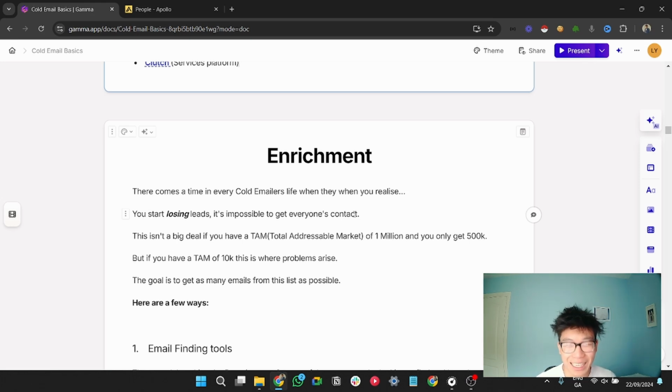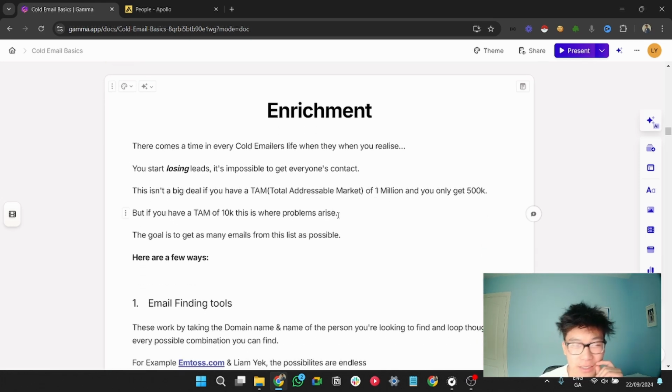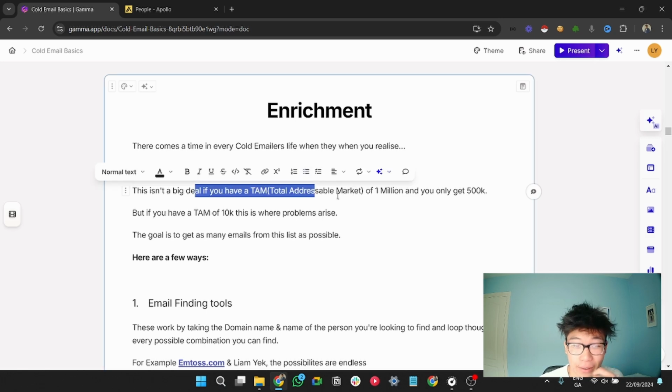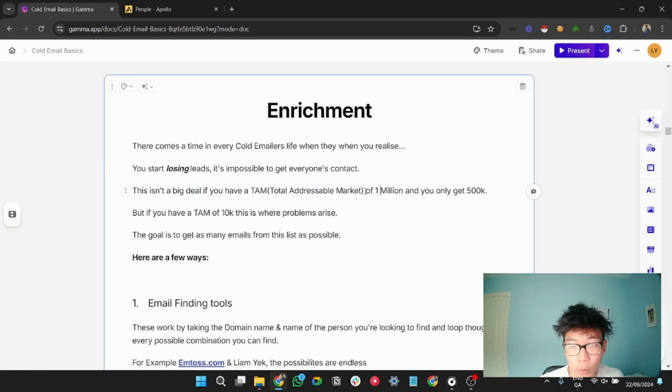This isn't a big deal if you have a big TAM of like 1 million. So let's say you're going after doctors in the US. There's so many doctors in the US, it literally does not matter if you lose like half. You're going to be emailing for at least 5 to 10 years, even if you're running a couple thousand a day. You're just never going to run out of doctors.